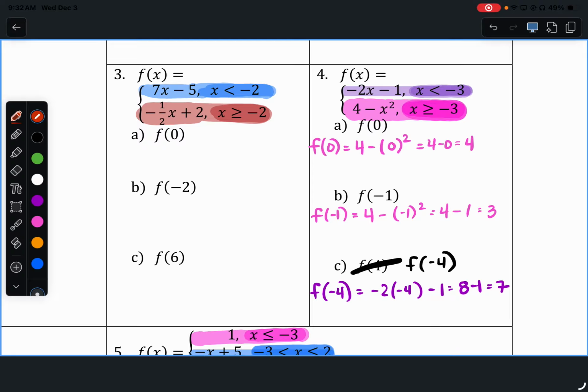Okay. Now, we have x is less than 0. So if I'm saying x is less than 0, is that talking about the part of the graph that is to the left of 0, or is that about the part of the graph that is to the right of 0? Which one is less than 0? The left. So what I'm going to do is I'm going to take my eraser and I'm going to erase everything to the right of 0.